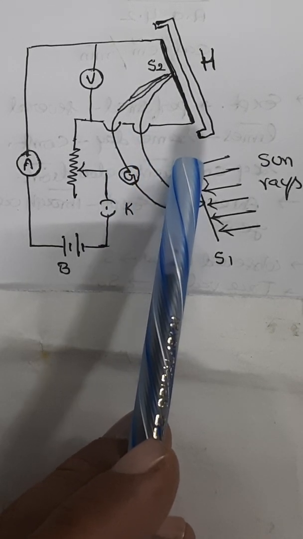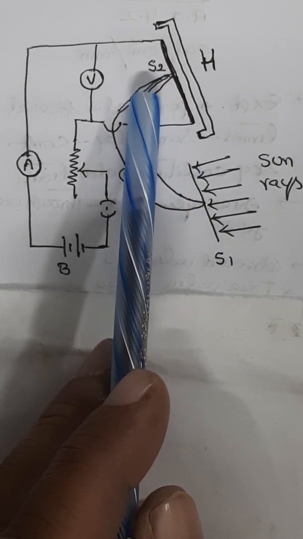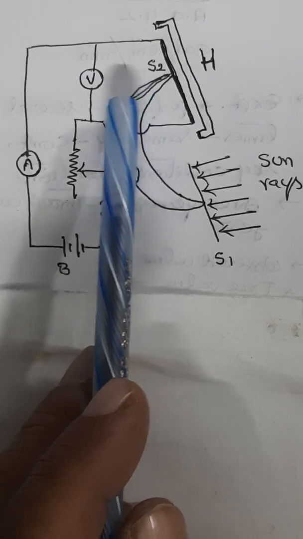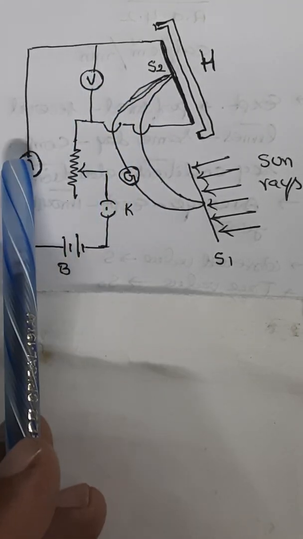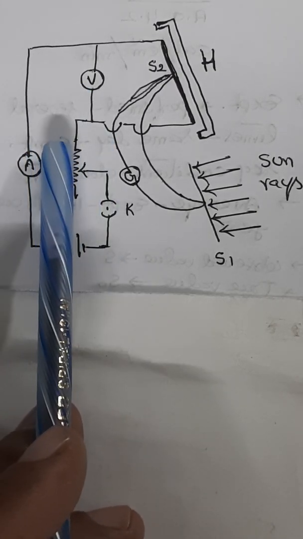is same. The heat energy supplied to S2, the second strip, can be calculated from the known values of current and potential difference, that is the ammeter and voltmeter readings in the electrical circuit.